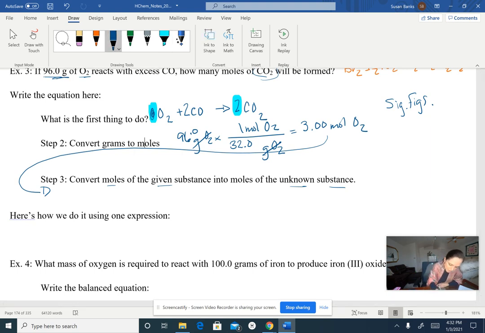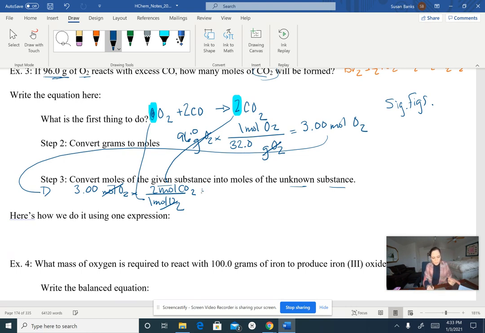So we're going to start with the 3 moles that we were able to calculate before. We have 3 moles of oxygen, and we're going to use our ratio from that balanced equation. We have 1 mole of oxygen reacting to make 2 moles of carbon dioxide. So my moles of oxygen cancel, and I now have moles of carbon dioxide, which is what I want to know.